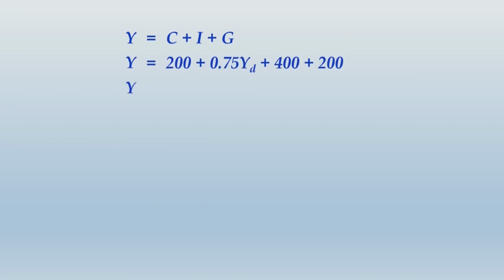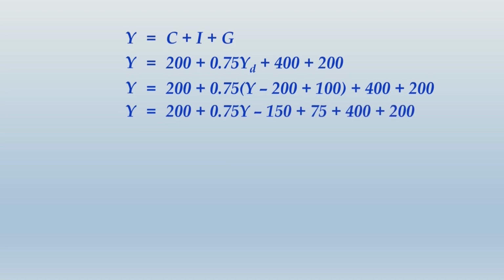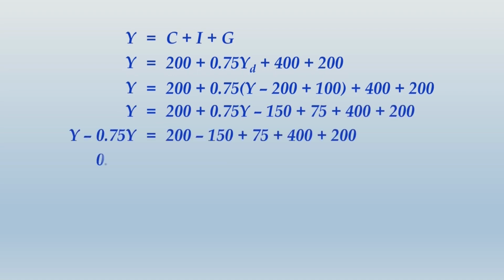Let us move ahead and substitute the value of the variables in the main equation, and when we do that, this is what we get. So we have even substituted the value of YD, what we found as the disposable income, that was income minus tax plus transfer payments, and finally when you start solving this equation, what you get at the end is 0.25 Y equals 725.